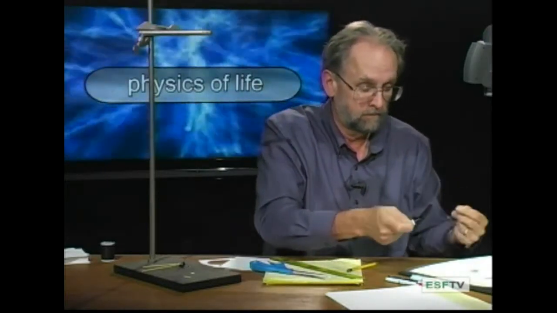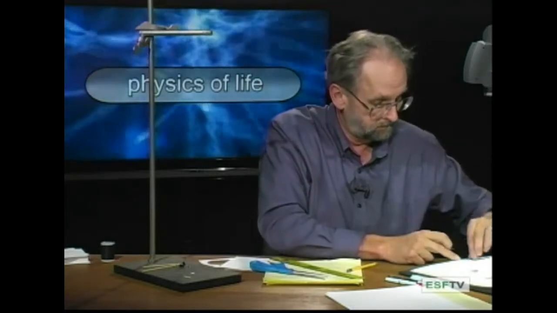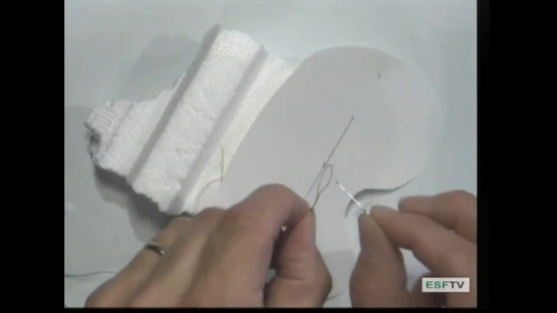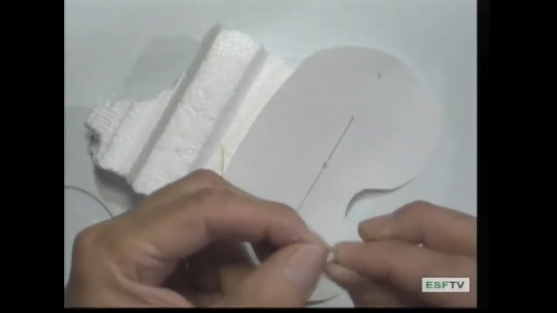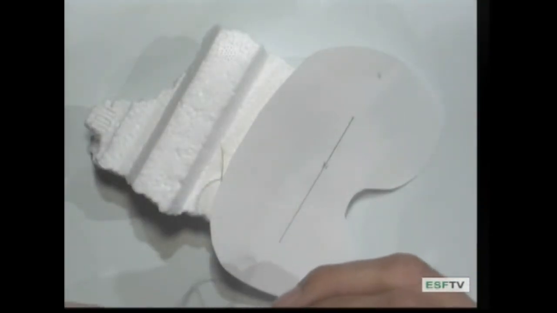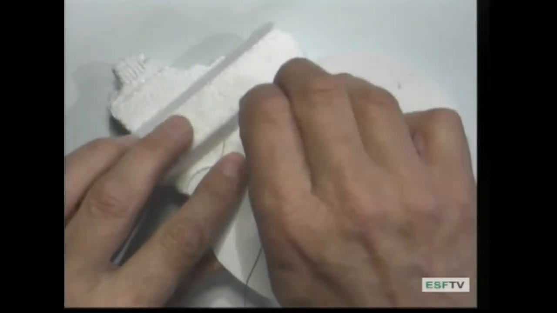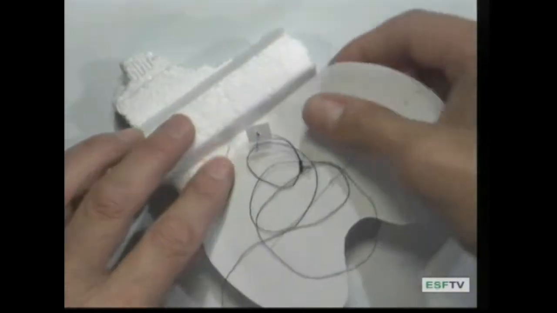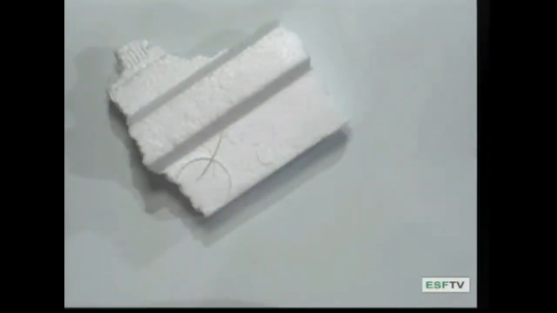Let's do it here, for example, right there. Again, we will take our loop of thread and poke it through there. Threads are notoriously tricky. All right, let's put that in there. We'll poke the thread through there. Now we have one loop of the thread hanging there.